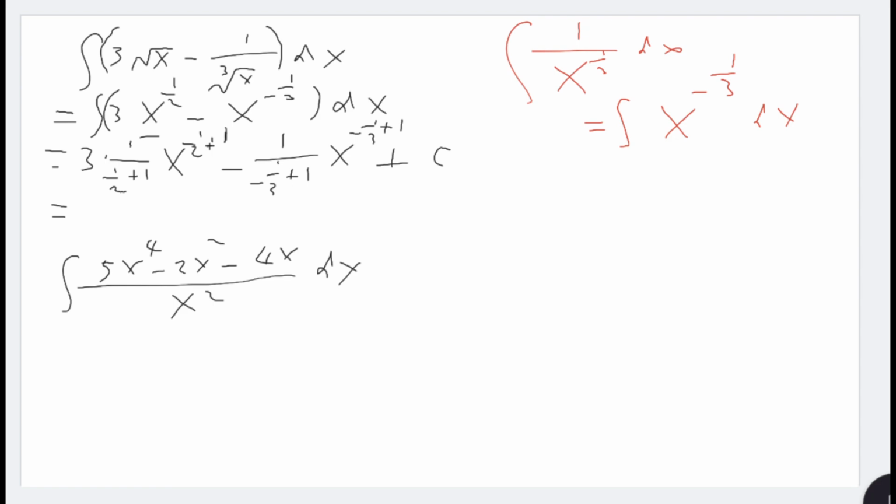You flip 3 over 2 over 3, so the 3 cancels out, and we actually end up with just 2 there. 3 over 2 with the power, and negative 1/3 plus 1 is 2/3. 3 over 2, if you flip it, all right, this would be the answer. Next one.